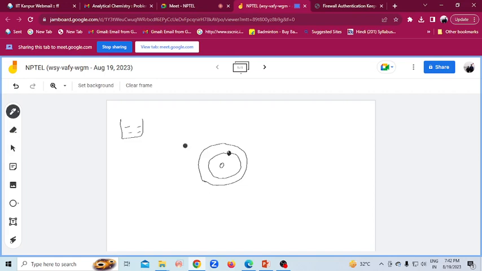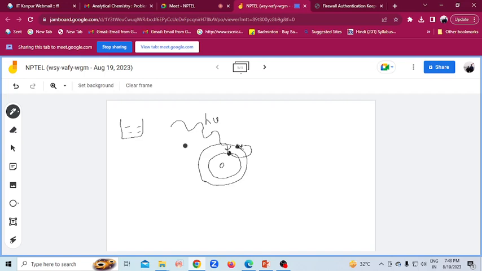Suppose light is falling on this electron. This electron can jump to a higher step, from here to here. So what happens when light falls on an electron? The electron absorbs the light.